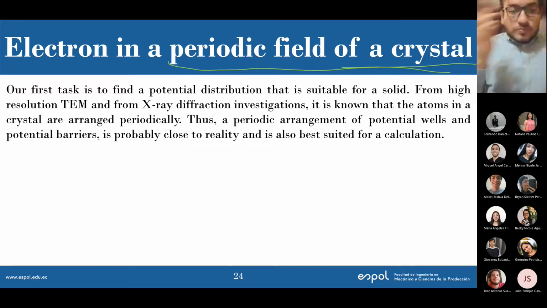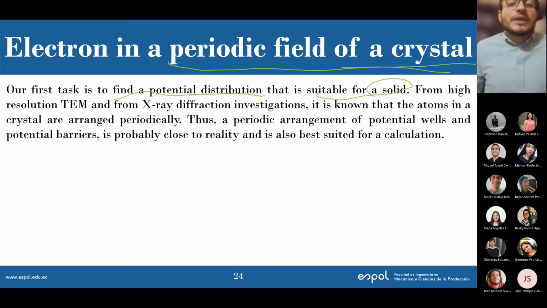Okay, and that's what you see here. That was the first task, because they already came up with the free electron case and the electron in a potential well case. But they said, okay, now let's find a potential distribution that can represent a solid, because that's the key part of materials.